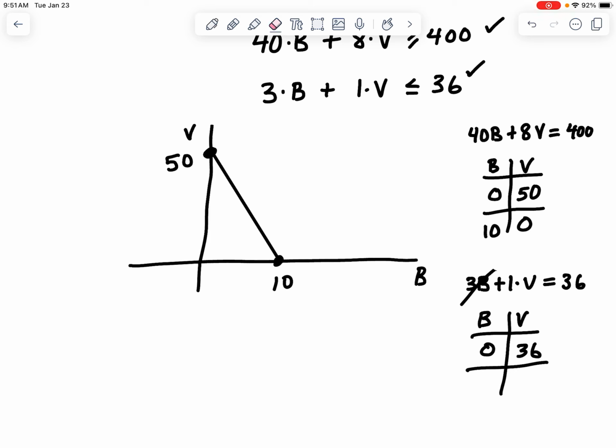And then what if the v equals 0? So this would be gone. If you divide both sides by 3, then b equals 12. And then graph that information. So 36 would be right here for the vans. And the other one is a 12, comma 0. And then connect those 2 points.